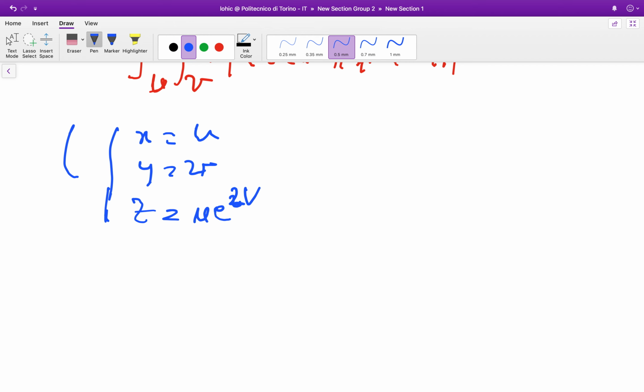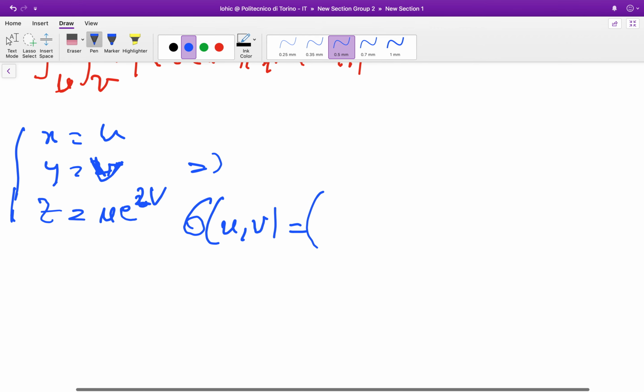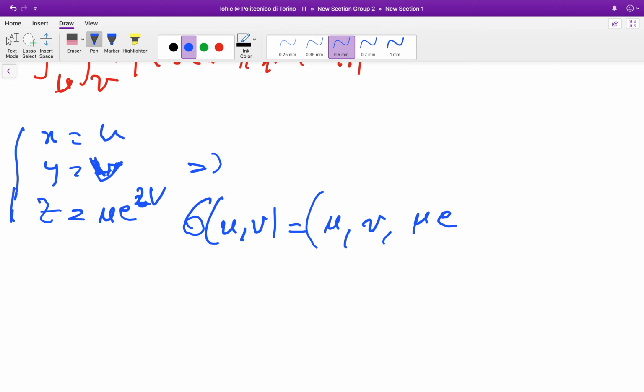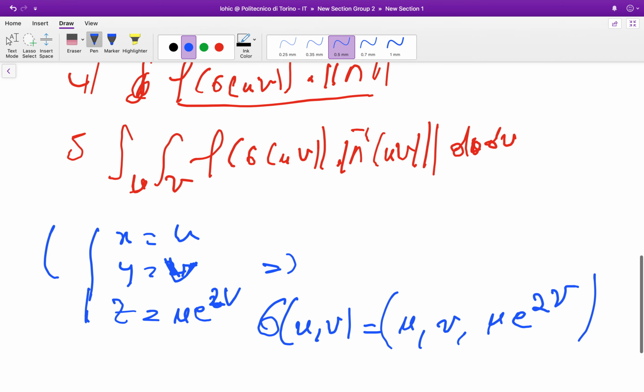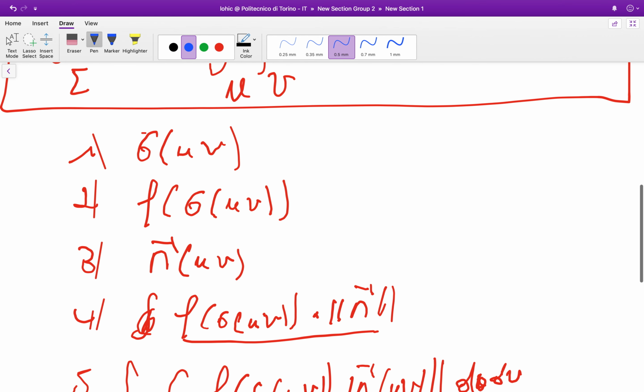Doubts? So the representation of the surface is sigma uv equal to (u, v, u exponential of 2v). Is that clear? You have done the first step.